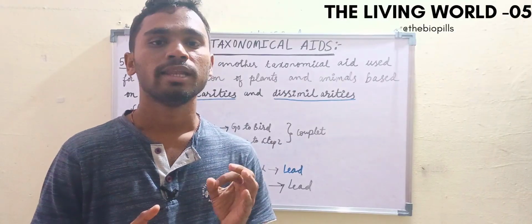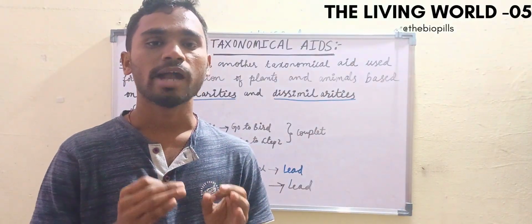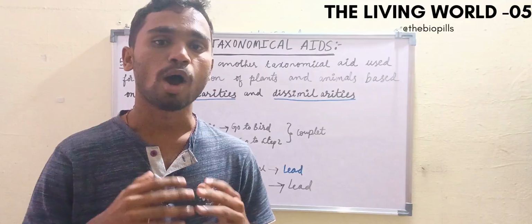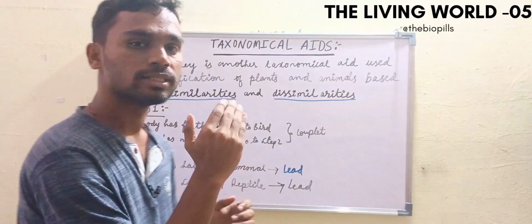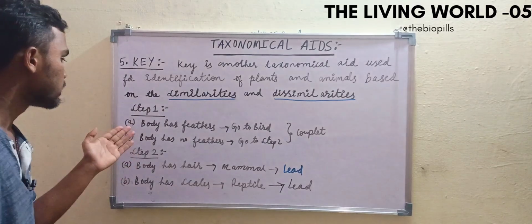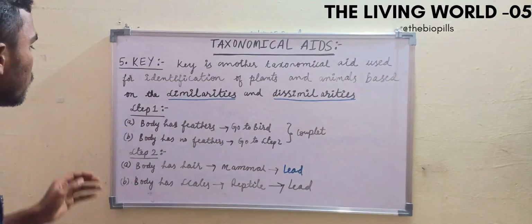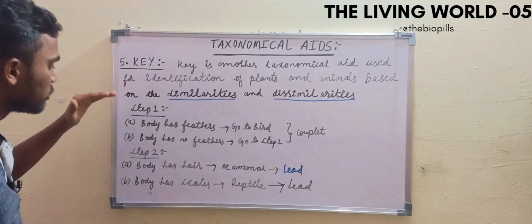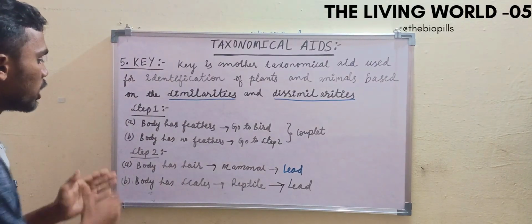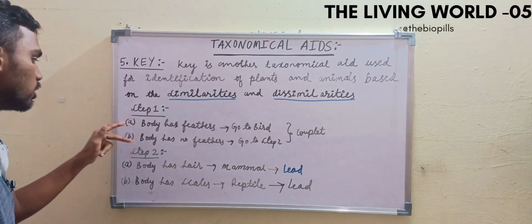Let me take an example and I will try to make you understand how a key works as a taxonomical aid. In a key, we go according to steps. In step 1, we have two statements.